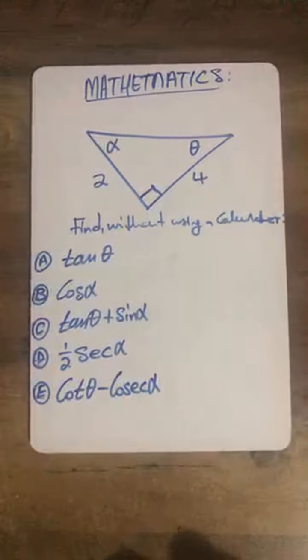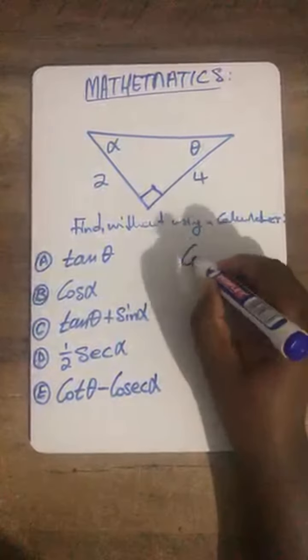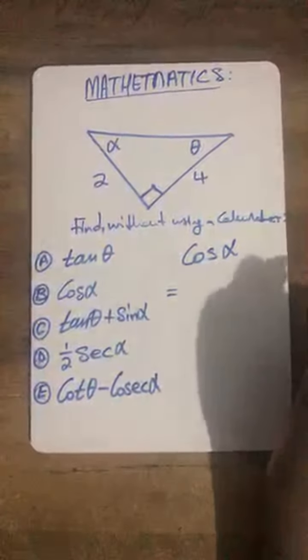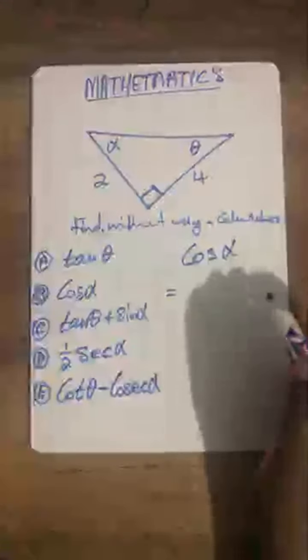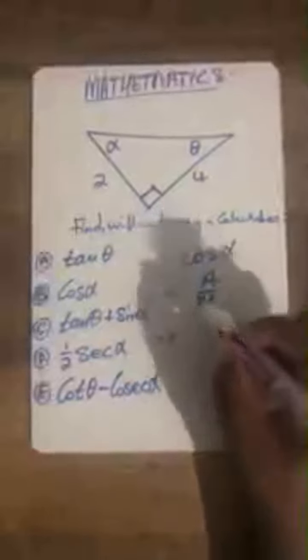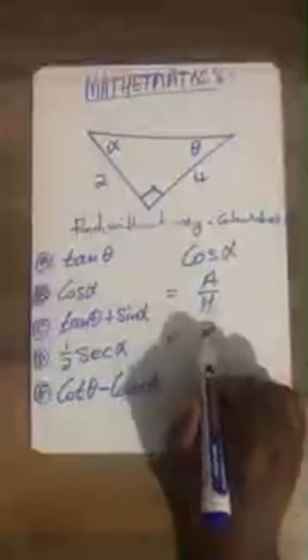Okay. Let's now work on b. So that means for b, we are having cos of that. Cos is adjacent over hypotenuse. So for cos alpha, this is where the angle is already. This is our adjacent.